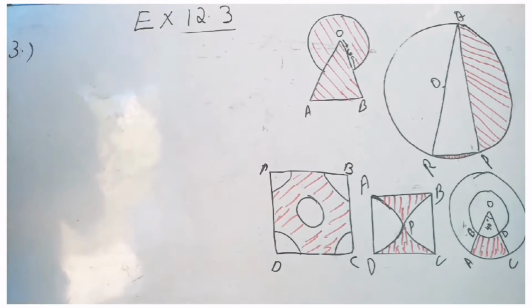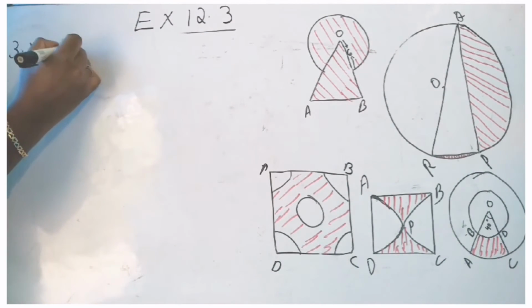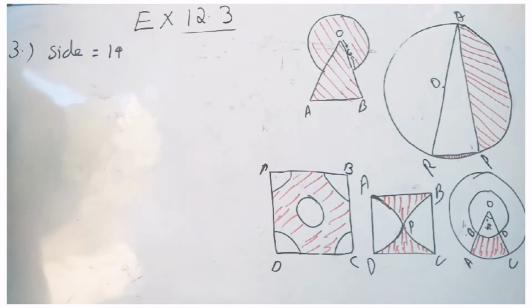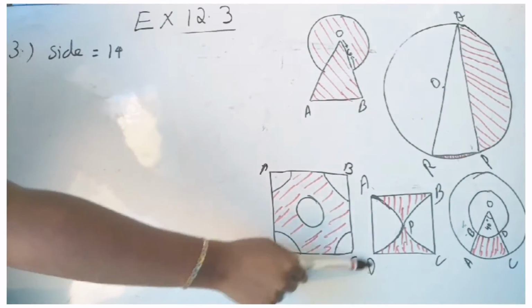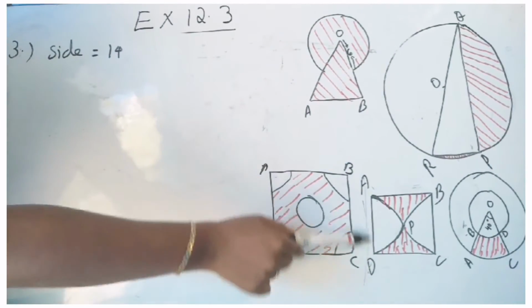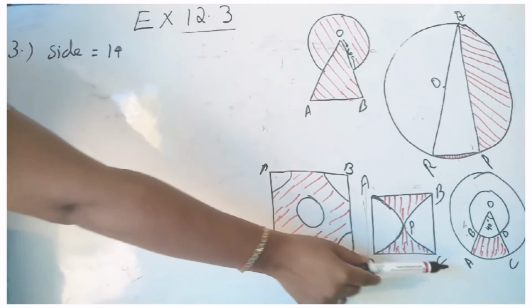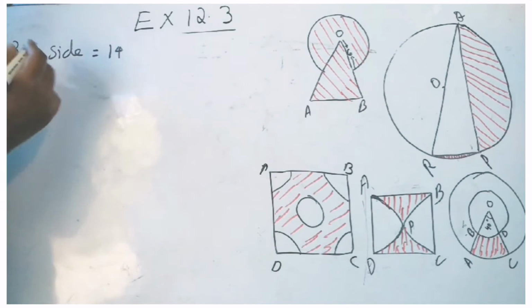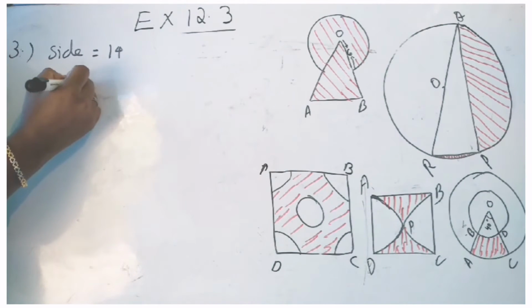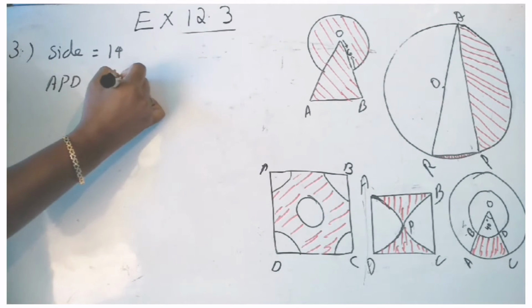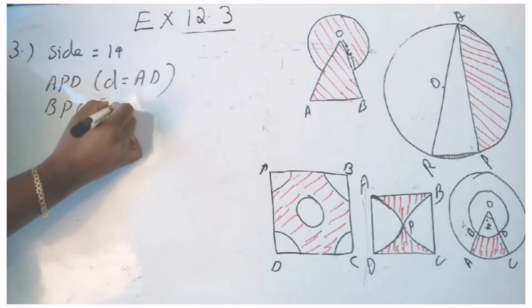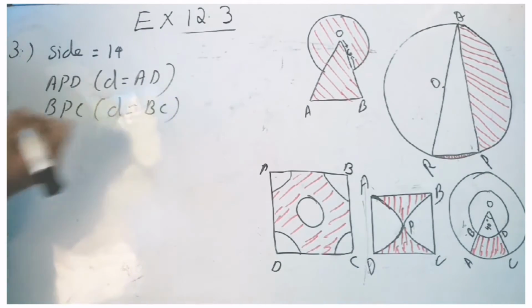In the third question, the side of the square is given, that is 14 centimeter. Just look at that figure. APD is a semicircle with diameter AD, and BPC is a semicircle with diameter BC.